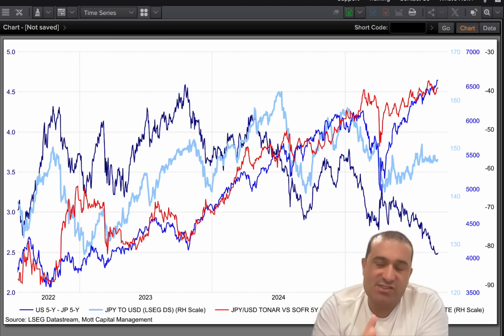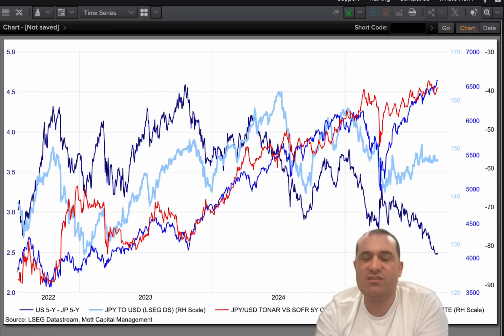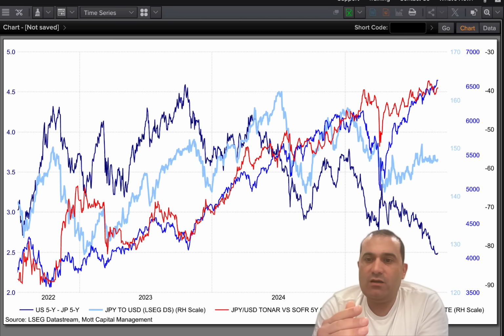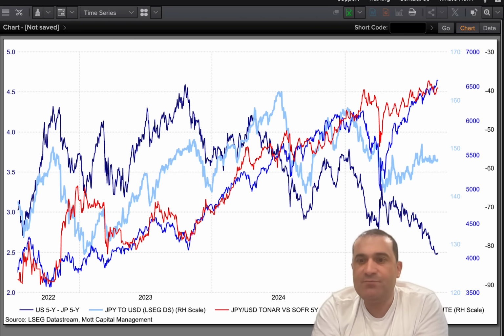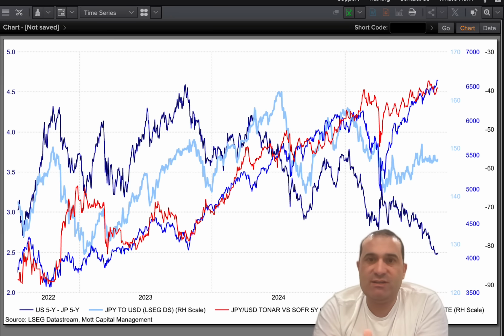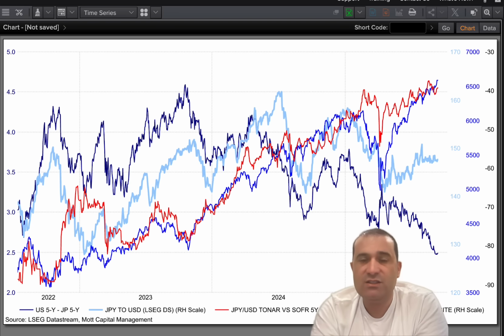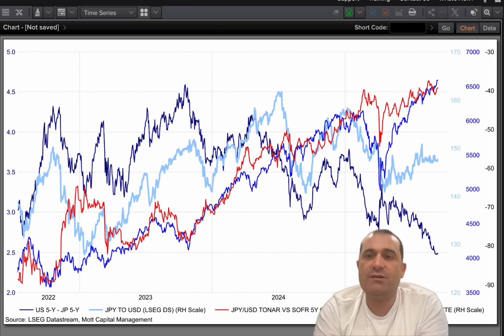And it's quite possible that if you get a scenario again where the BOJ doesn't necessarily raise rates, but really goes through this process of talking about why it's going to need to raise rates in the future, now that things have settled down in terms of the trade war, you could really begin to see rates continue to go higher in Japan, especially if they start talking about potentially reducing the amount of bond buying they're going to do to support the long end of the curve, which is something they've been trying to slowly pull back on.